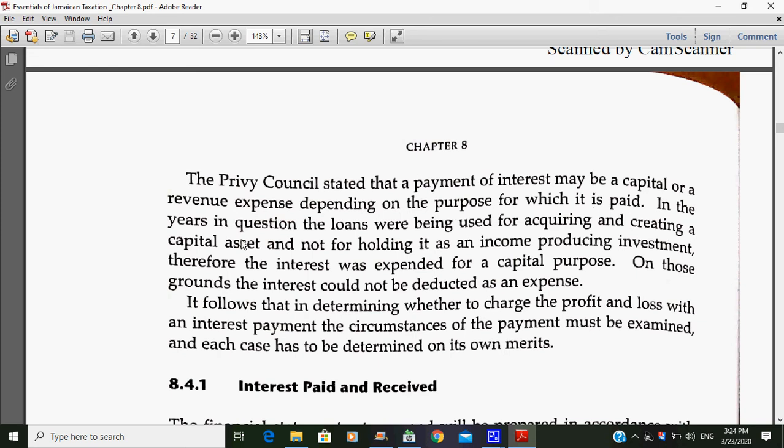In the years in question, the loans were being used for acquiring and creating a capital asset and not for holding it as an income producing investment. Therefore, the interest was expended for a capital purpose. On those grounds, the interest could not be deducted as an expense.